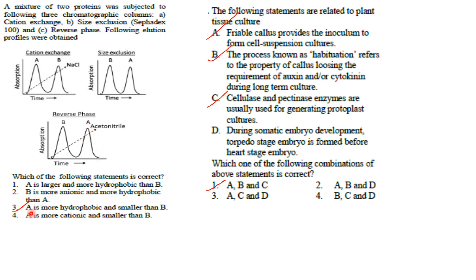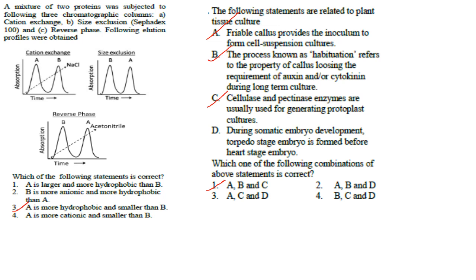So 2 is also not correct. A is more hydrophobic. Okay, that's correct. And smaller than B. Okay, here as per size exclusion, you can see A is smaller than B. So option 3 is correct. A is more cationic and smaller than B. That is also not correct. So option 3 is the correct answer.